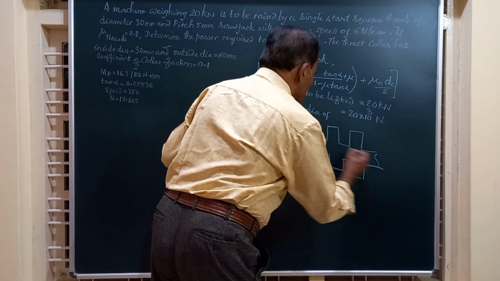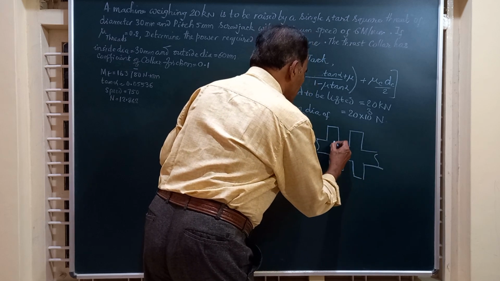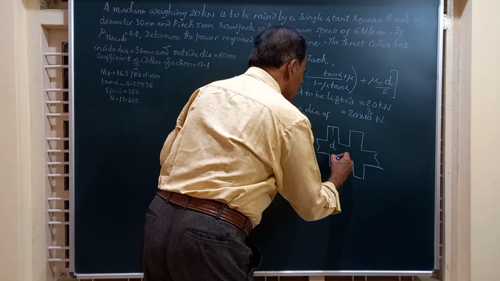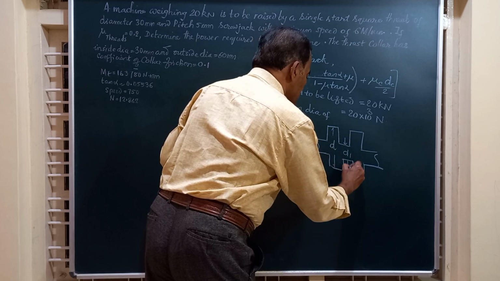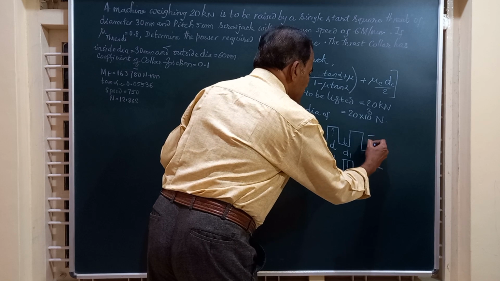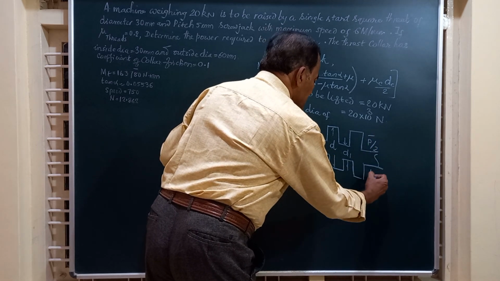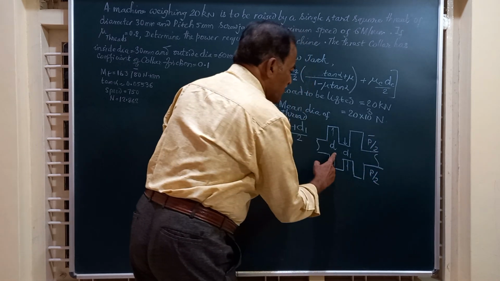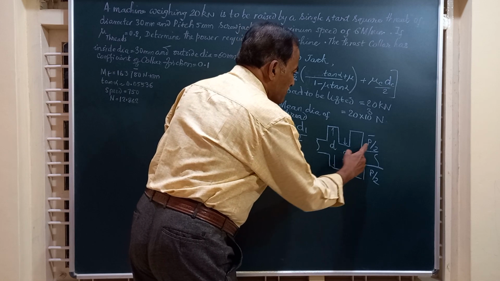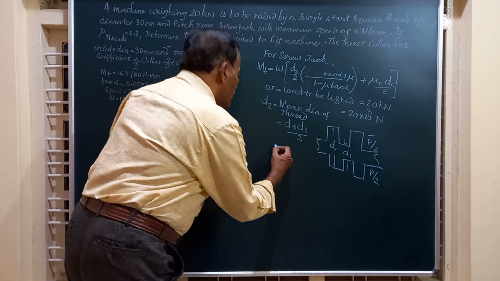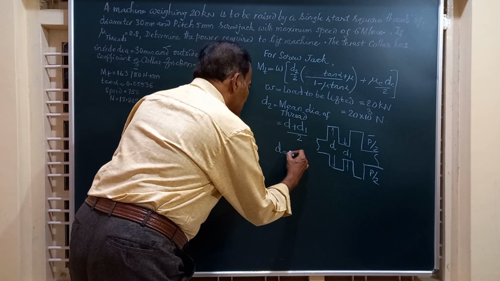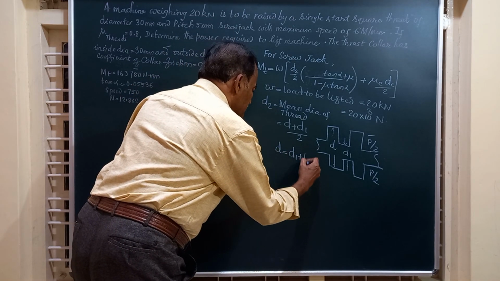Here the outside diameter is D, the core diameter is D1, and this is pitch by 2, and again this is pitch by 2. So if you add D1, P by 2 and P by 2, you get D. That is, outside diameter D is inside diameter plus pitch.